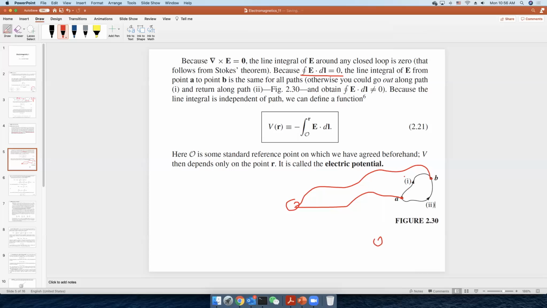It doesn't matter, because the difference between A and B should always be the same. But for convenience, usually we choose infinitely far away as our reference point.